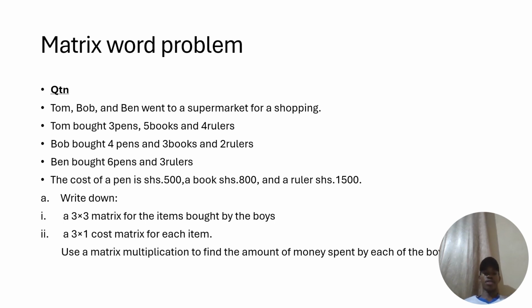Now the first question comes in. Write down a 3 by 3 matrix for the items bought by the boys. You can note this question. Then the next one says: write down a 3 by 1 cost matrix for each item.